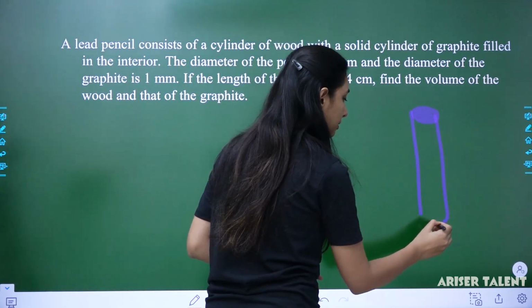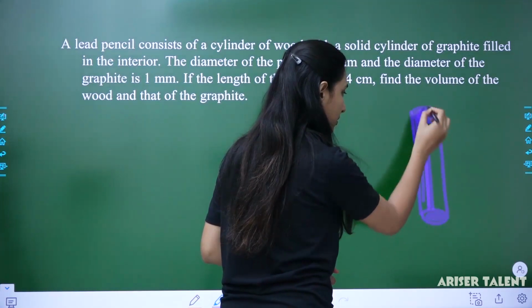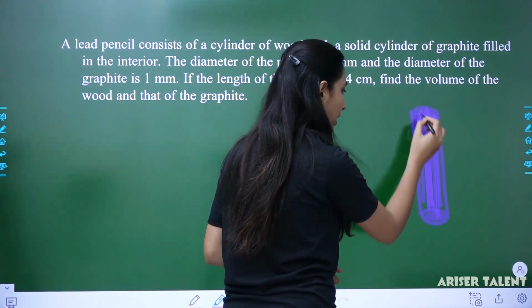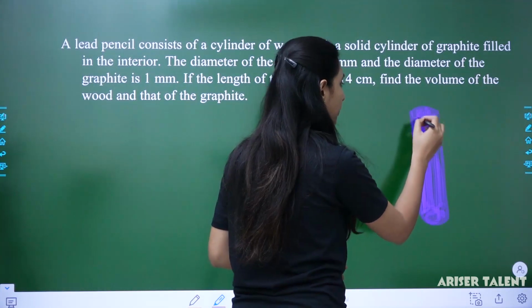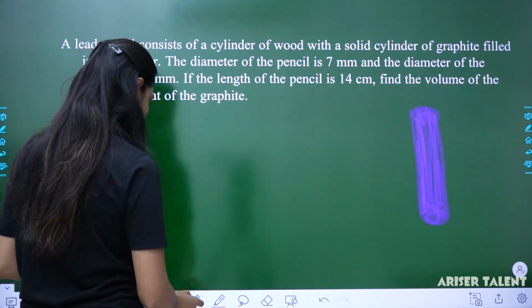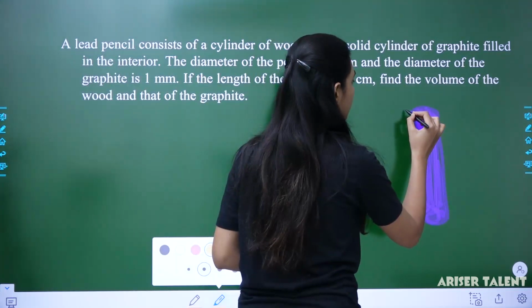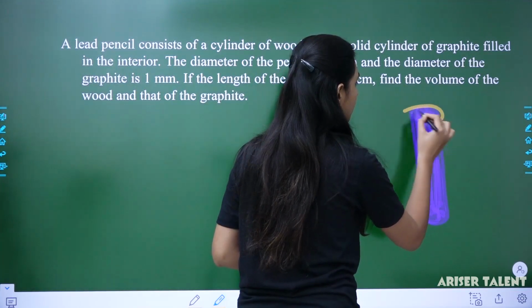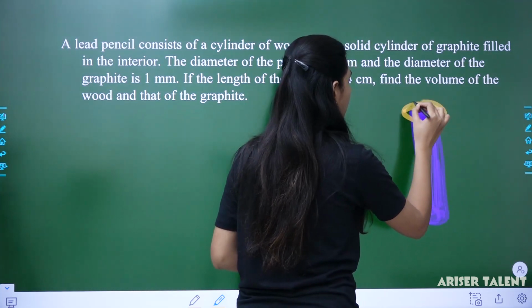This is the lead. Okay, and after that we are having some wooden part also. So the wooden part is also here. Talking about the wooden part, here it is. This is the wooden part.